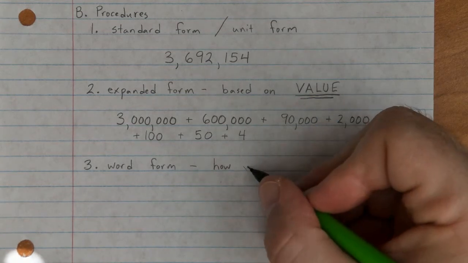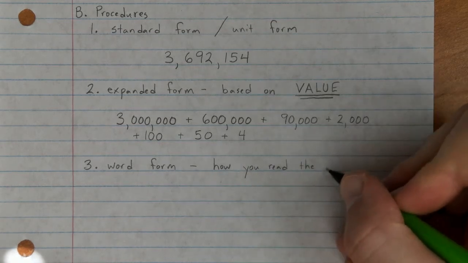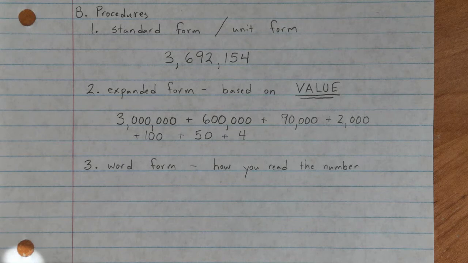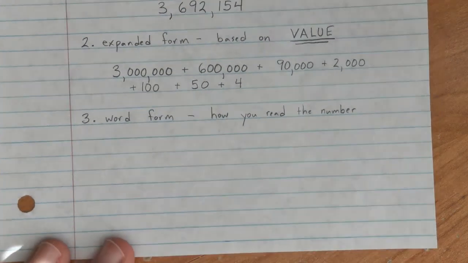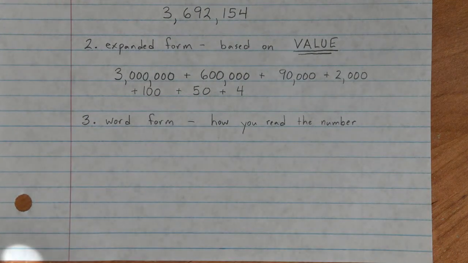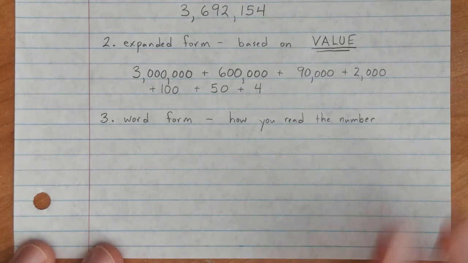Word form is how you read the number. Now we are going to write this out in words. All words, no digits, no number symbols. I will not ask you to do this very often, but it is something we need to practice. Okay? So word form, how you read the number.